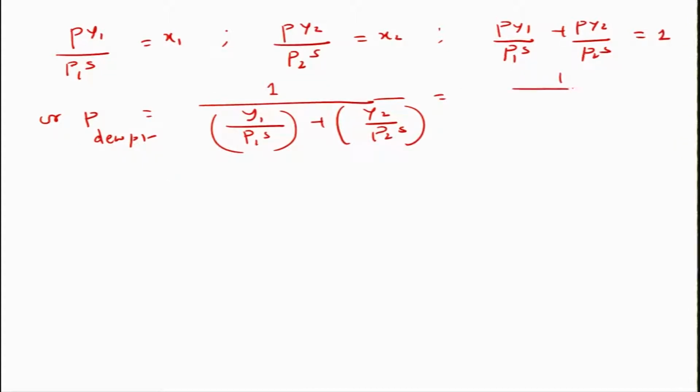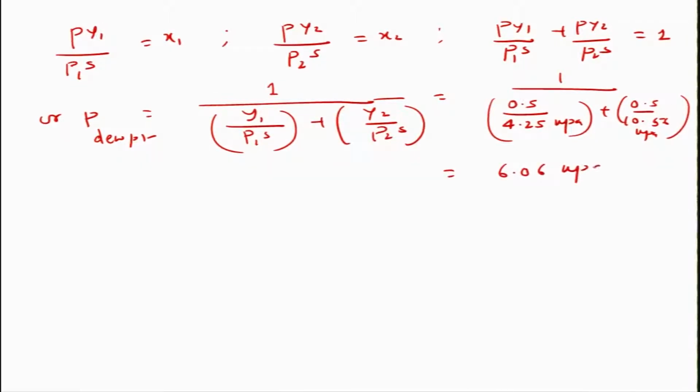I can now plug in this expression. So, this is 0.5 by 4.25 kilopascal plus again 0.5 by 10.56 kilopascal, and this comes out to be 6.06 kilopascal, which is less than 7.